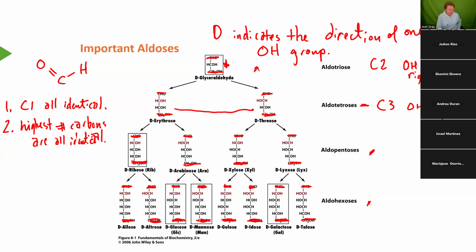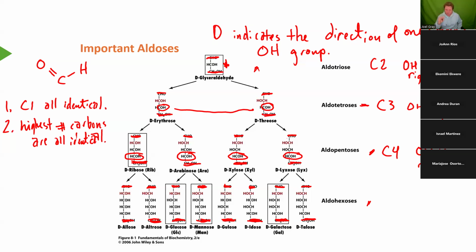C2 is on the right in our aldotriose. C3 has hydroxide or the OH on the right there in our aldotetroses. Then if we look at our aldopentoses, C4, on all of our aldopentoses, C4 OH is on the right.